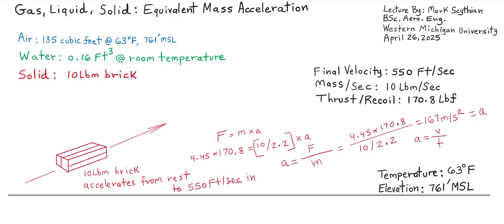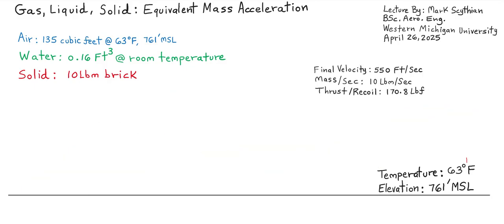And then we know acceleration is velocity divided by time, so we could flip it around, so time is equal to velocity divided by acceleration, v over a. And so we have final velocity of 550 feet per second, but we got to convert it to meters per second. So we actually divide 167.7 into 167 meters per second squared. So it's approximately 1 second. It's 1.0003 something, right? So 1 second, we've proven that.